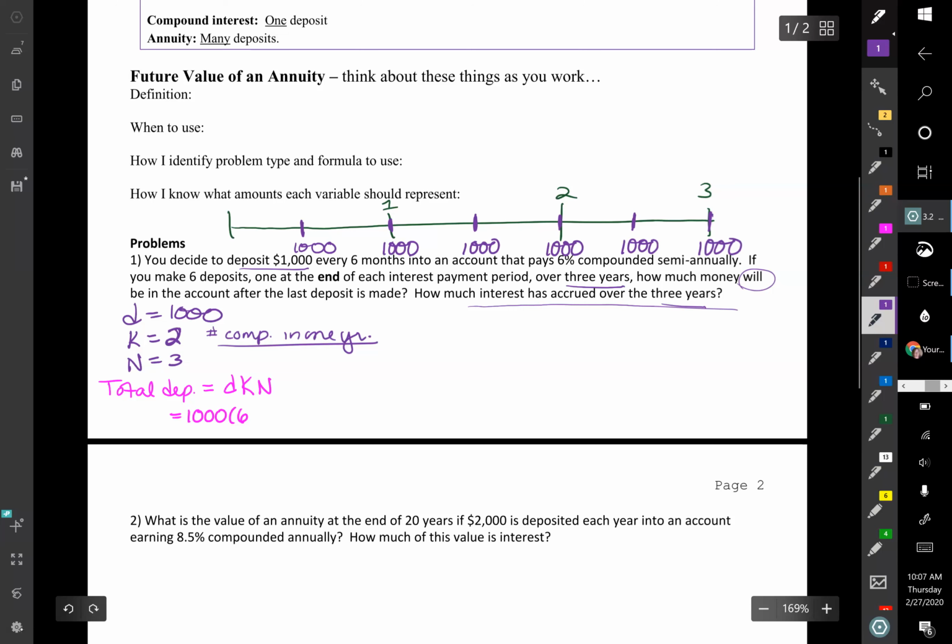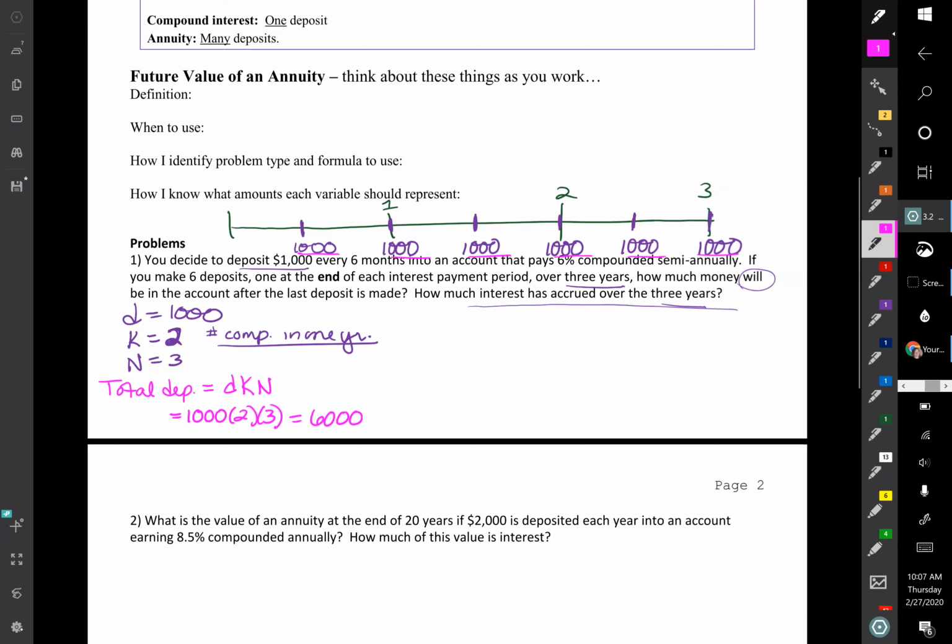So sorry about that. So go ahead and fix that to be a 2. And then we would have 1,000 times 2 times 3. And that's where I get my 6,000. So I put in 6,000 total, okay?